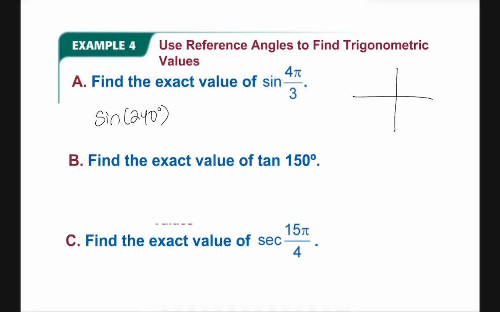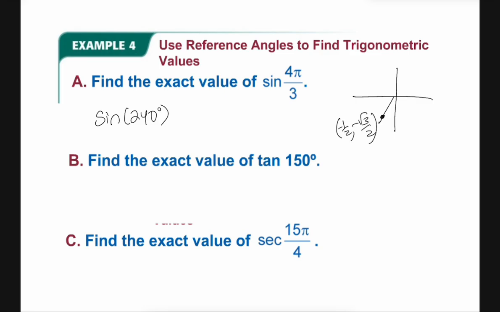Once I know that 4 pi over 3 is the 60 down here, its reference angle is pi over 3, it's 60 degrees. So that is just the point related to 60 down in the third quadrant. The point related to 60 is 1/2, square root of 3 over 2, but they're both negative down there. So that's negative 1/2, negative square root of 3 over 2.